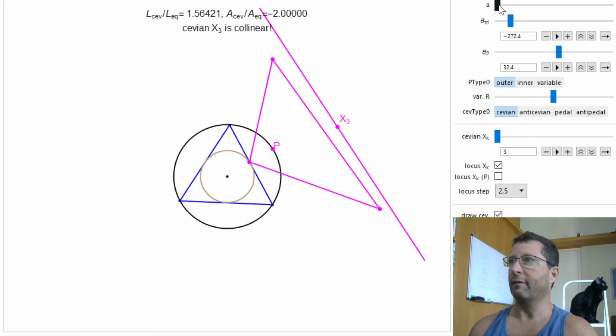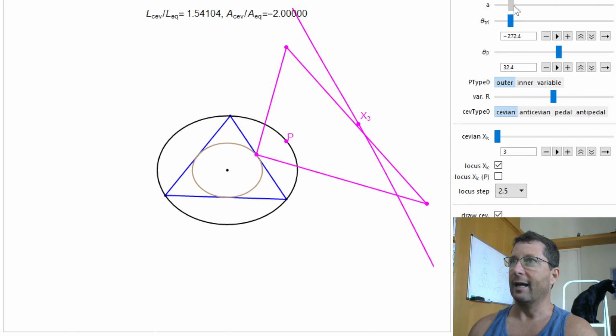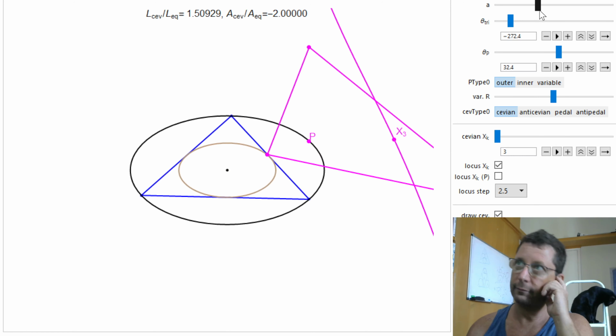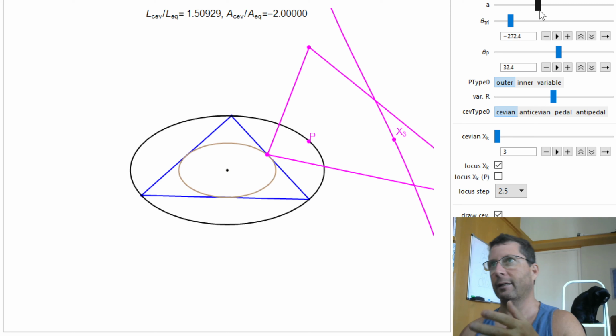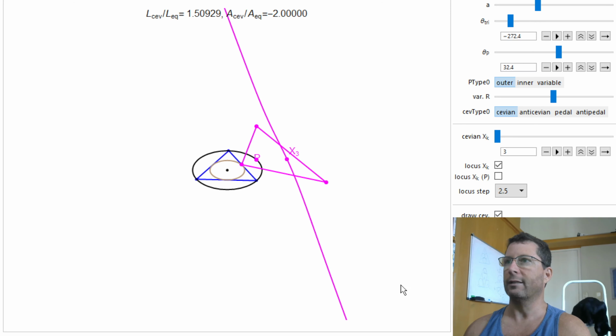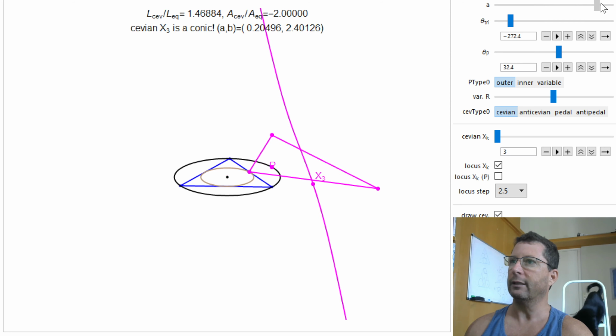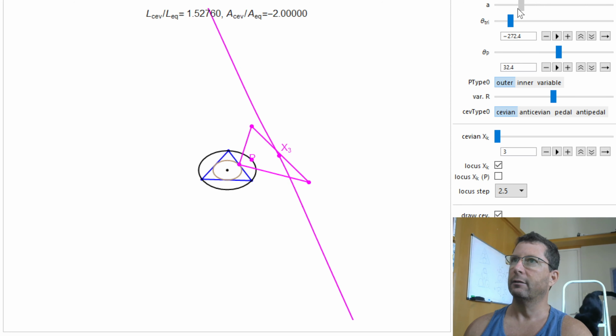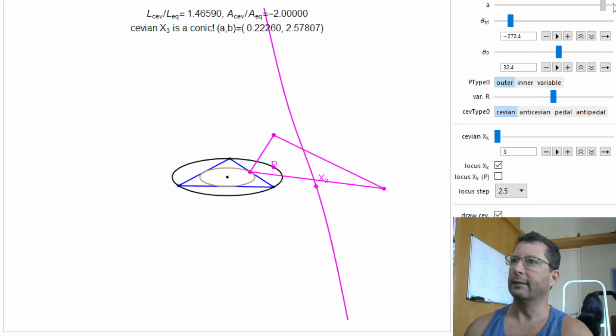So when I now apply an affine transformation, X3 is no longer a straight line, and the system here is saying that this is not even a conic. If you look at this curve from afar, you can see that there's some curvature here that changes sign. So X3 ceases to be a simple curve.